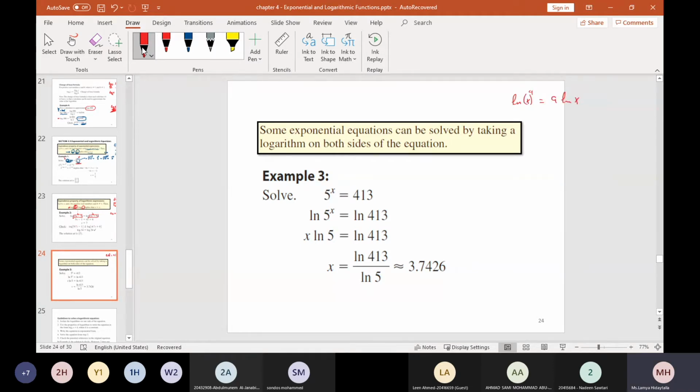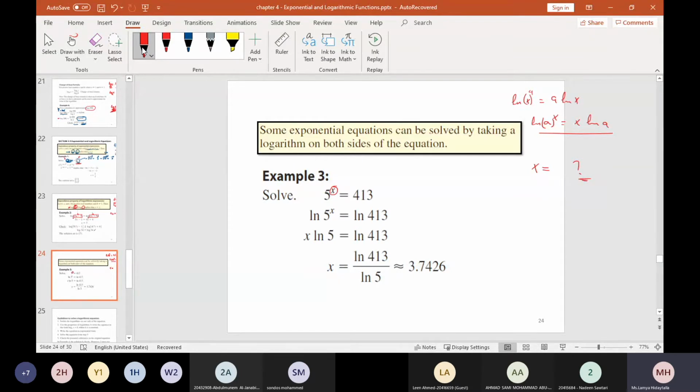In our example I need the x here in the exponent, so ln of a to the power x is equal to x ln a. Right, that's what the rule tells us. So I want x in one hand to get x equals, and put all the others in the other hand. So what comes to my mind is that I have to bring this down and make it the subject.